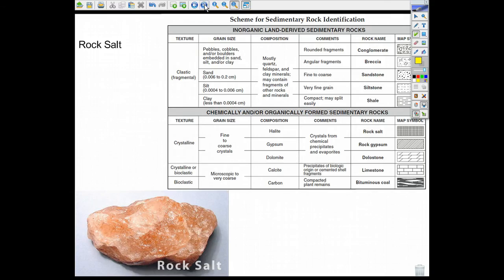Now, if we keep moving down the list, we're getting into the first chemically and/or organically formed sedimentary rock, rock salt. And if you look, it's composed of halite. You could look on the back of the reference table page to find some of these minerals. So there's the map symbol for rock salt.